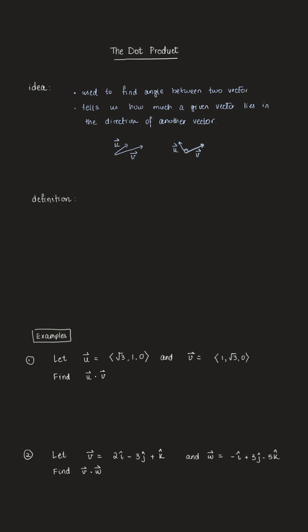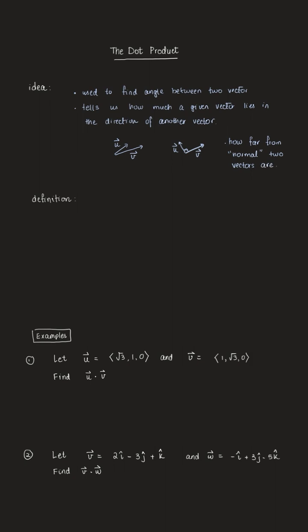When two vectors have a 90-degree angle between them, they're said to be normal vectors. So the dot product measures how far from normal two vectors are, and by normal here we mean that there's a 90-degree angle between them.